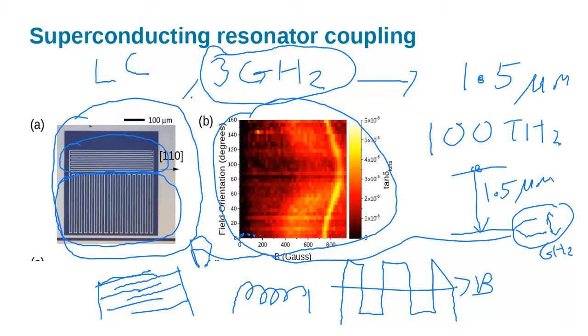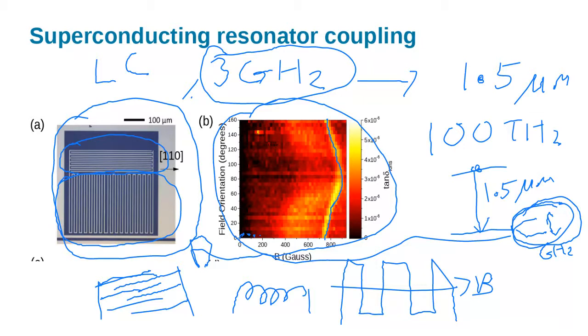So you can see here we get this pattern of loss from the superconducting resonator, and we can show that loss must be energy being lost into what we call the Zeeman transition of the erbium in the silicon.